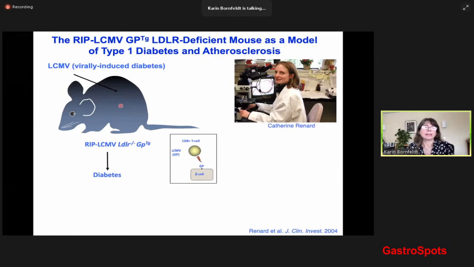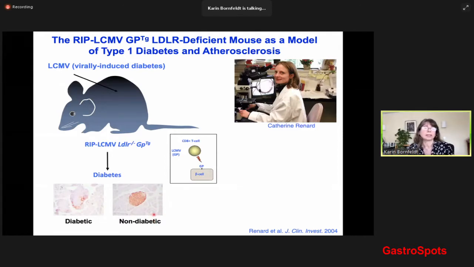This generates an immune response in the animals, and we get the CD8 positive T cell mediated destruction of these GP expressing beta cells. This induces severe insulitis in the animals, and eventually within 7 to 10 days or so, a loss of insulin.